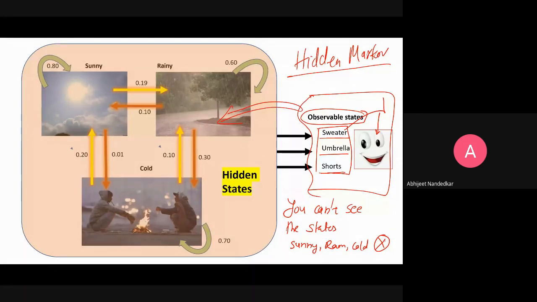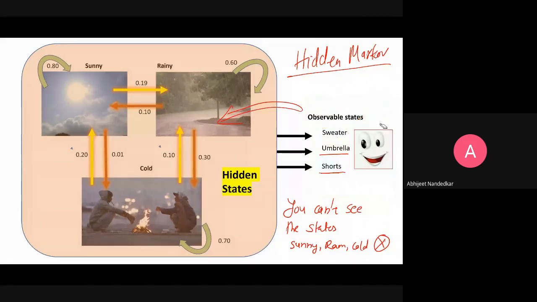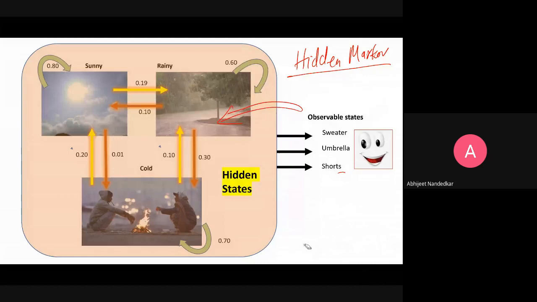But when you have states of your system not observable directly, but you can have a guess of that status with the help of some other observable states or information. You have some other information, from that you have to guess what is the status.